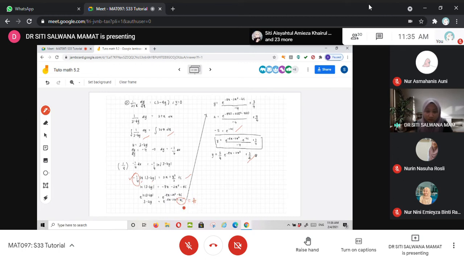Either you settle it like this, or some students will use the exponential rule, you get e to the power of a, and that is equal to a constant too. Some students write, for example, k e to the power of negative at x, and so on. Otherwise, doing it this way is also fine.